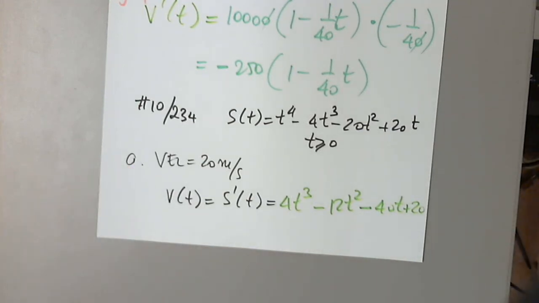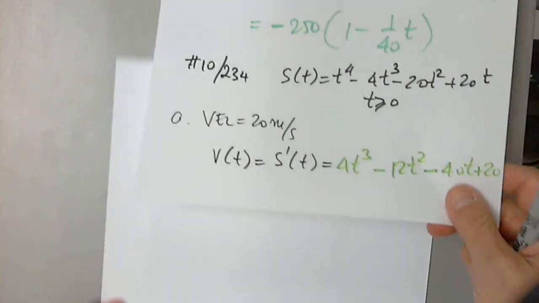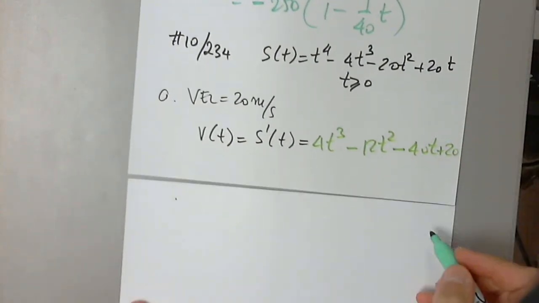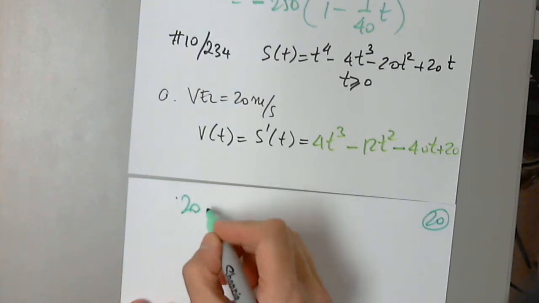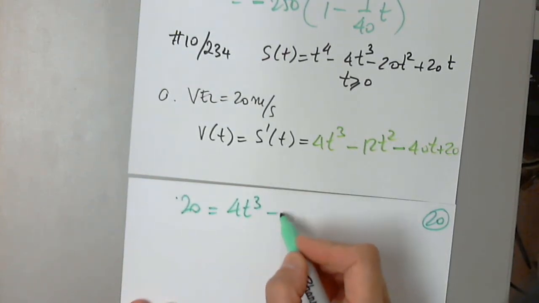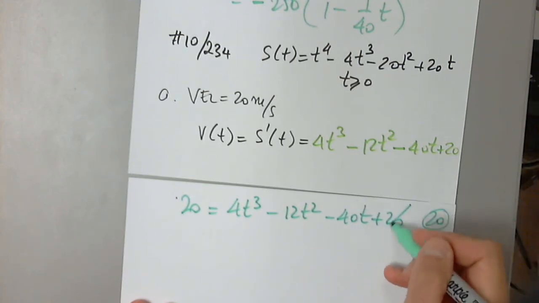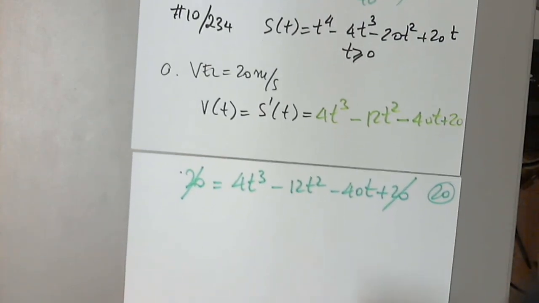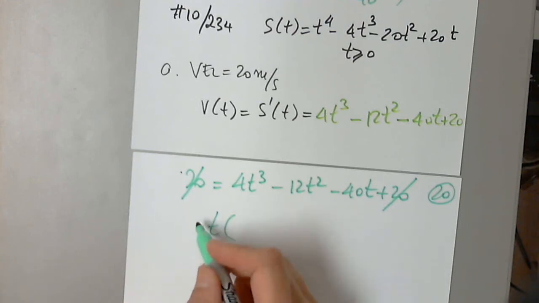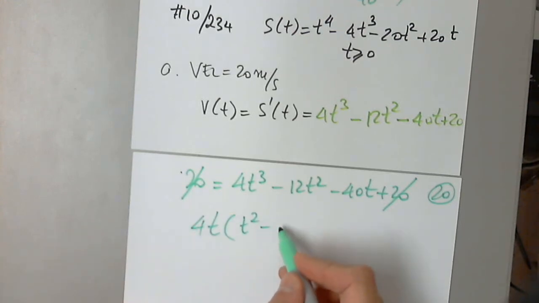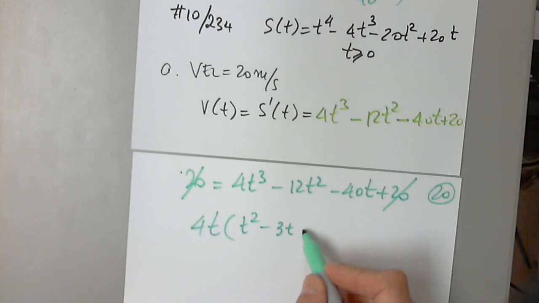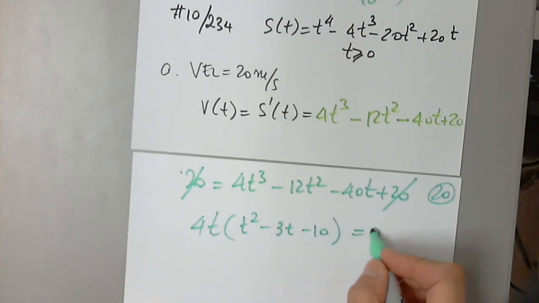We're asked, at what time does the particle have a velocity of 20 meters per second? So the velocity is 20, and this is 4t cubed minus 12t squared minus 40t plus 20, and I like that very much because I will factor out 4t, and I get t squared minus 3t minus 10 equals 0.